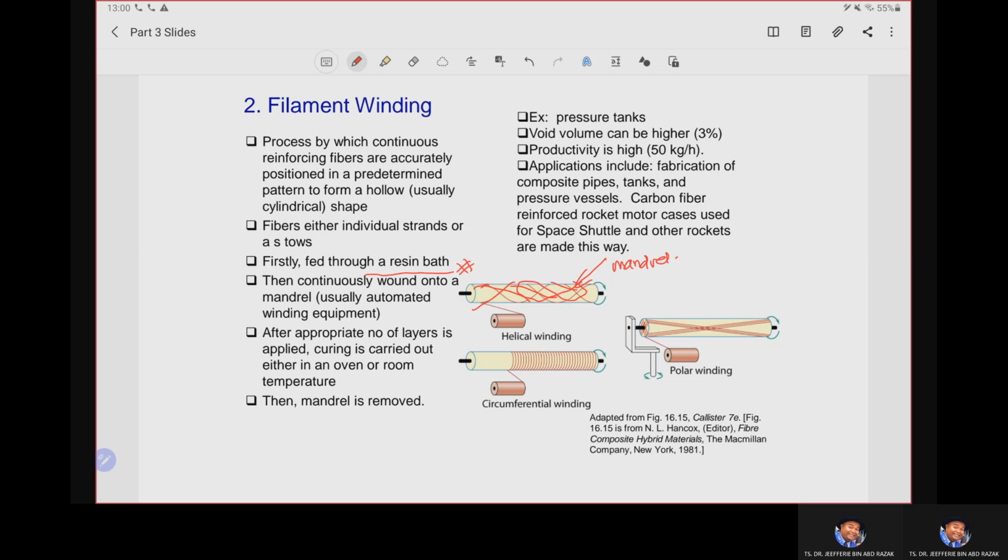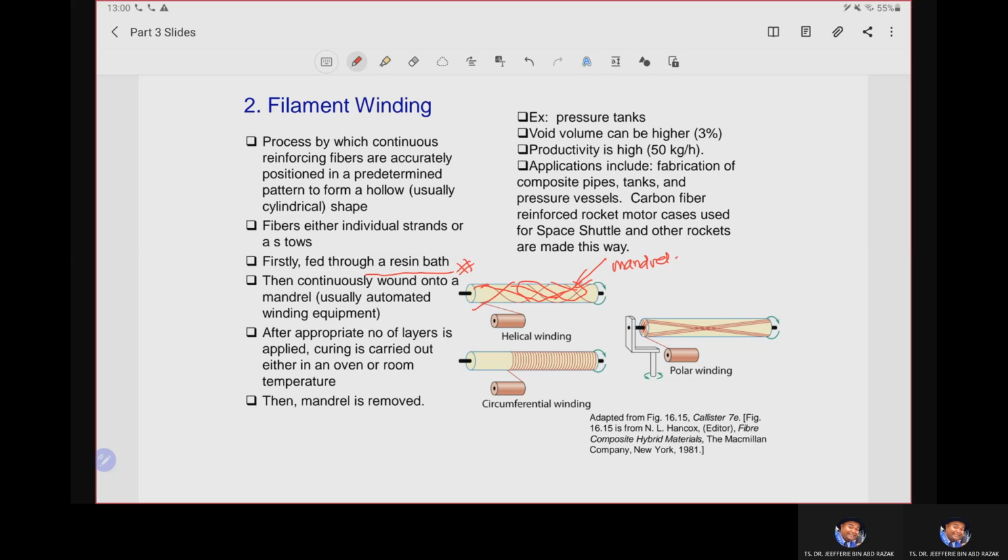After the appropriate number of layers have been applied, the curing step is carried out, similar to the hand layup process, in an oven or at room temperature, after which we remove the mandrel once the curing process is finished.